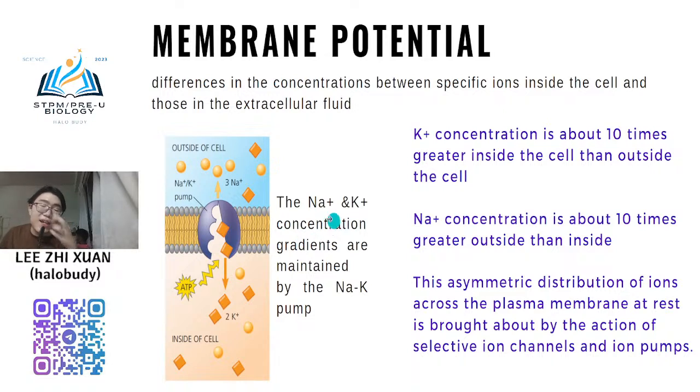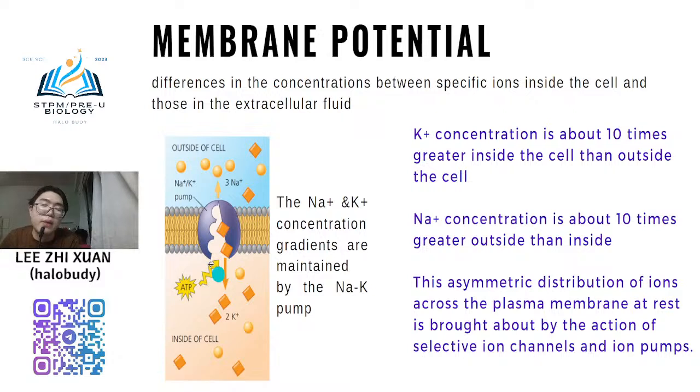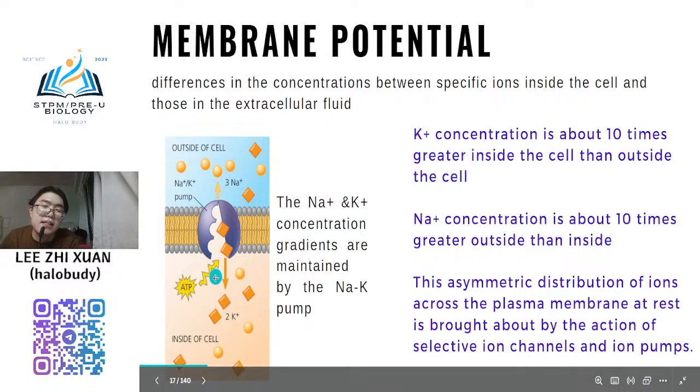If you still remember the sodium potassium pump, what do they transport? The sodium potassium pump regulates sodium ions and potassium ions across the cell during the resting state. Sodium ions inside the cell are pumped out of the cell, right?